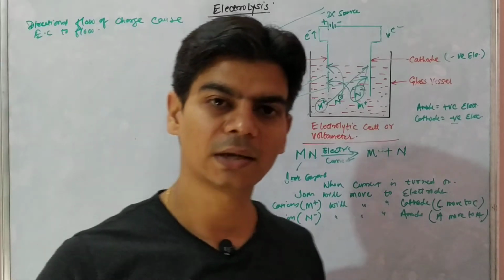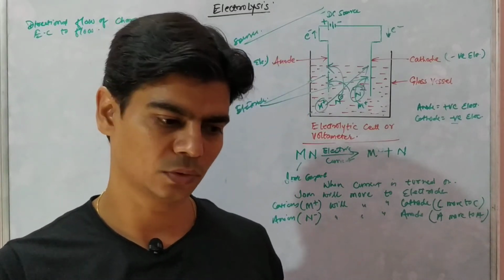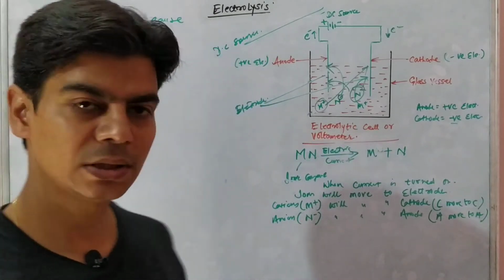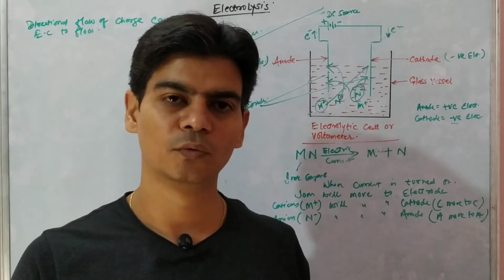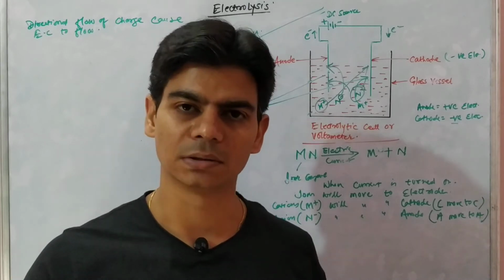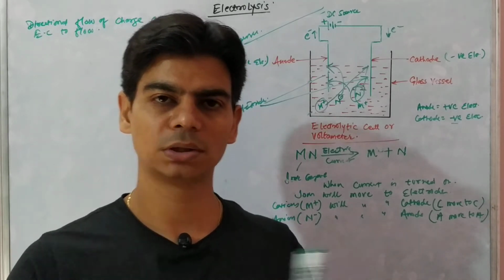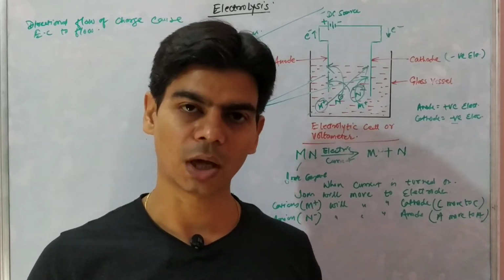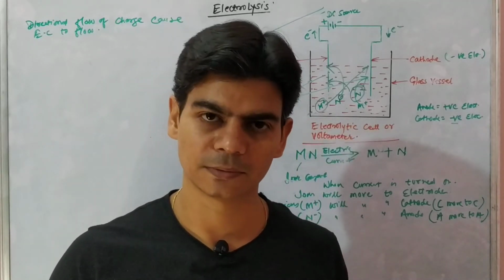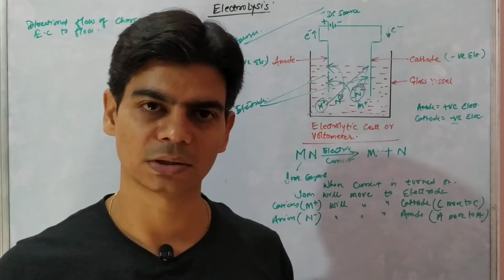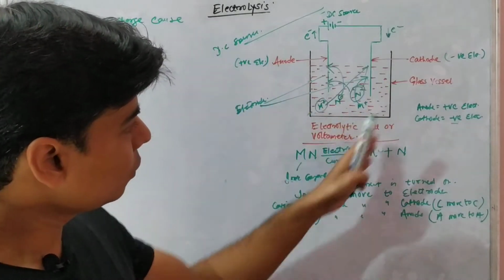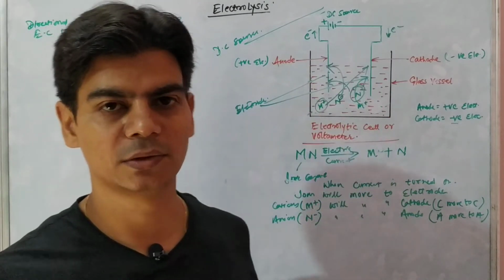Both the charges, positive charge and negative charge, that is cations and anions, have now started moving in different directions. Cations are moving towards the cathode, anions are moving towards the anode. So now we have directional flow of both positive and negative charges. Since we have directional flow of charge, this will allow electric current to pass through this electrolyte.